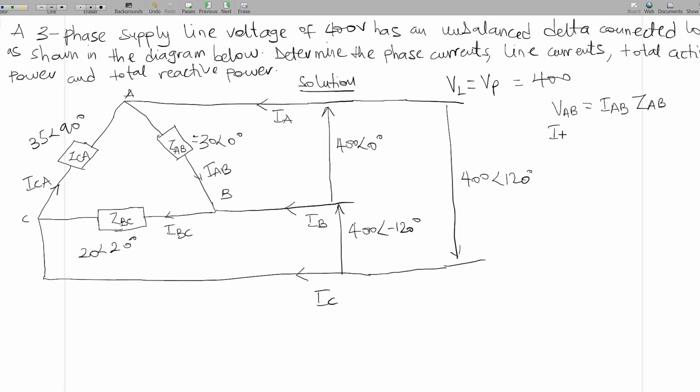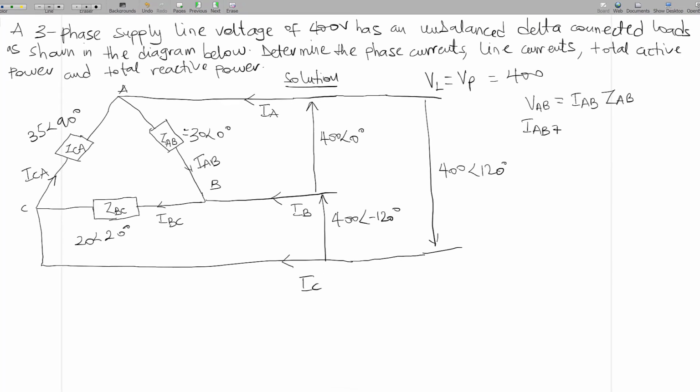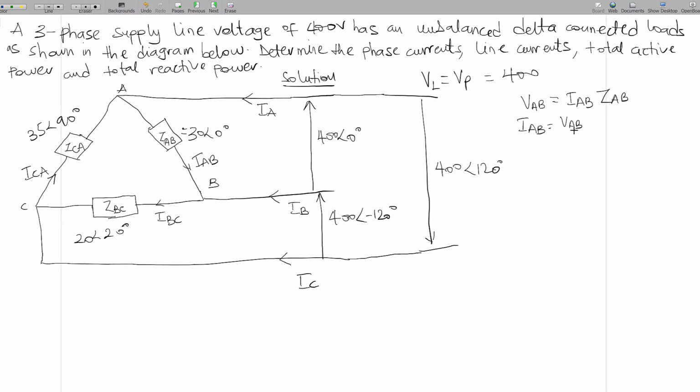So now we can say that IAB should be equal to VAB out of ZAB. For VAB, we have 400 angle 0 degrees, and we have ZAB to be 30 angle 0 degrees. So IAB is going to be 40 on 3 angle 0 degrees ampere.